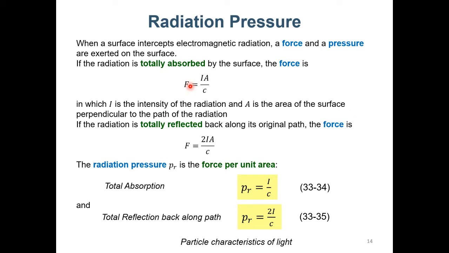And in that case, this force should be 2 times this one. Then suppose this one adds with this one, the total force should be this one. And that's why there is an additional factor 2 here.